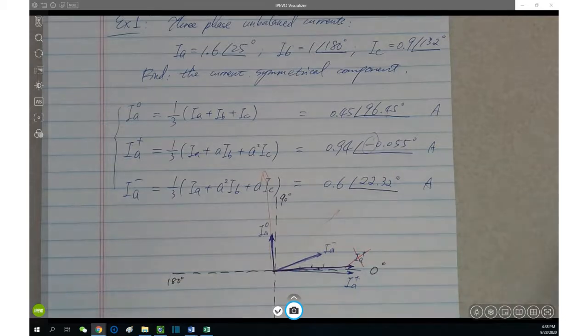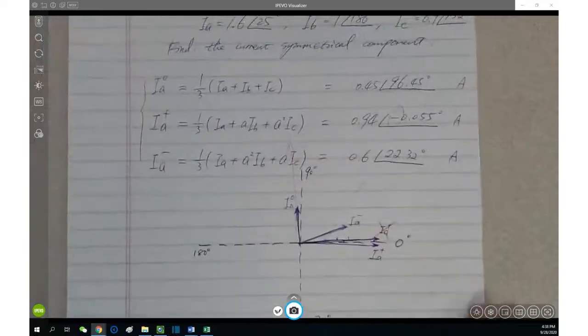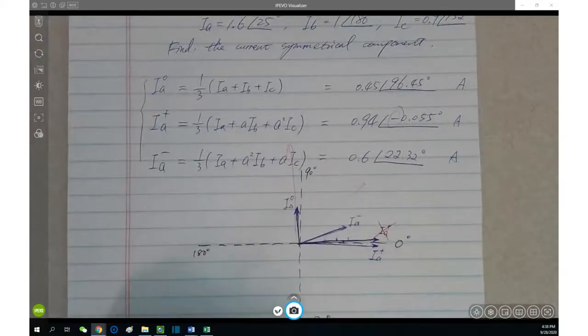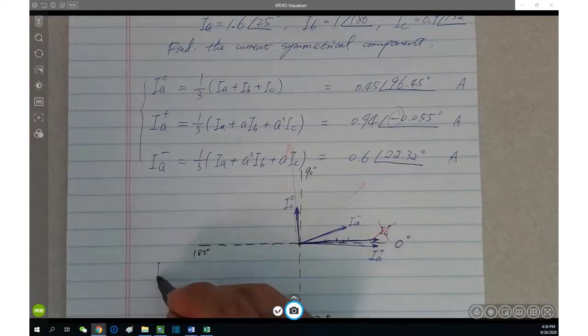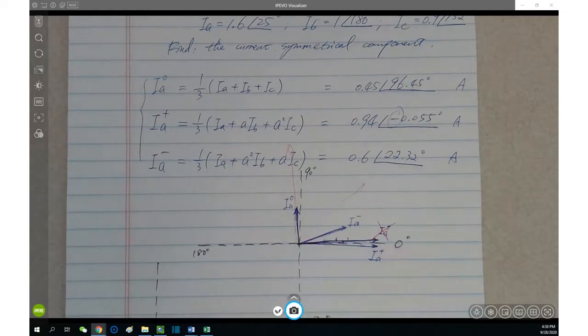All right, let's see what is the three-phase unbalanced total current. Obviously, once again, I'm beginning with the longest one, 1.6 with 25 degree. 25 degree is about here.